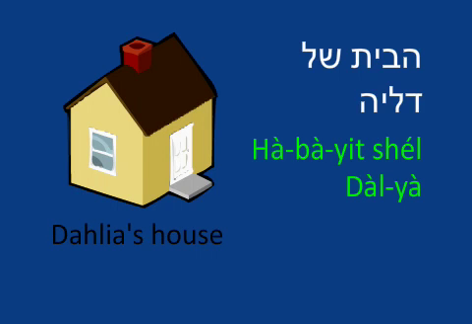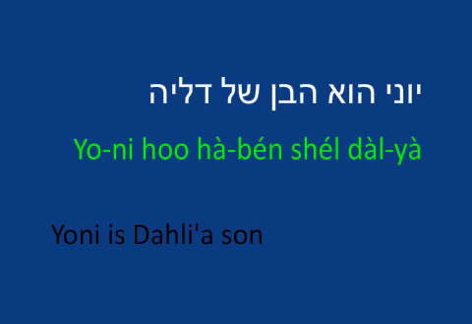Shel. Now we're ready to start making some sentences. Let's start with Dahlia's house. Habayit shel Dahlia. Habayit shel Dahlia. Excellent. Now for a more complex sentence, Noah, how do we say Yoni is Dahlia's son?